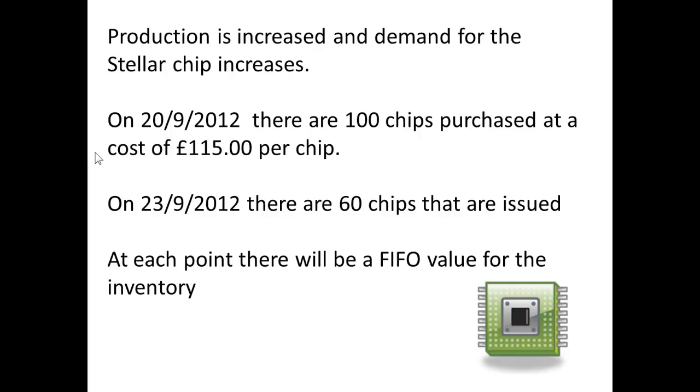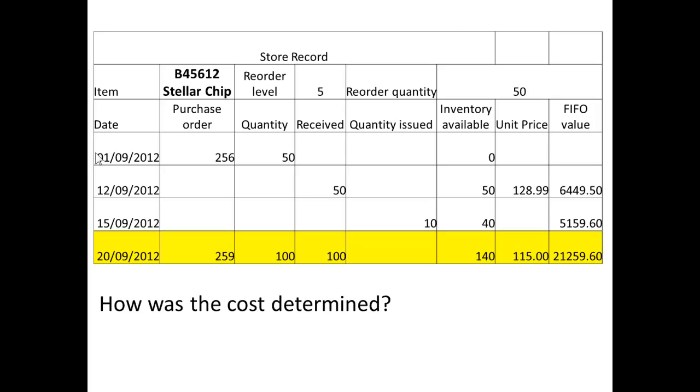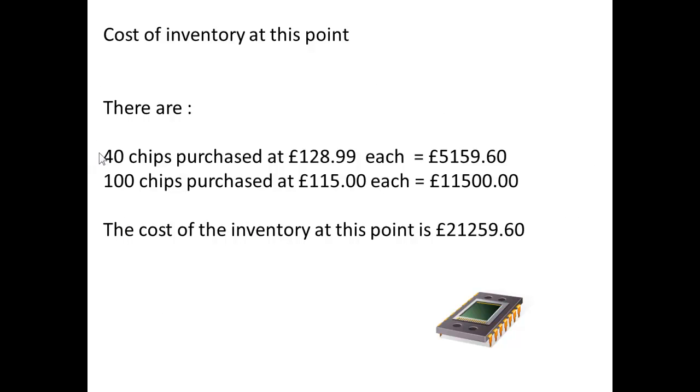At each point there's a FIFO value for the inventory. So on the 20th of September, when we've ordered 100 and just received 100, we have 140 in inventory, of which 100 were at a unit price of 115 and 40 were at a unit price of 128.99, making a total FIFO value of 21,259.